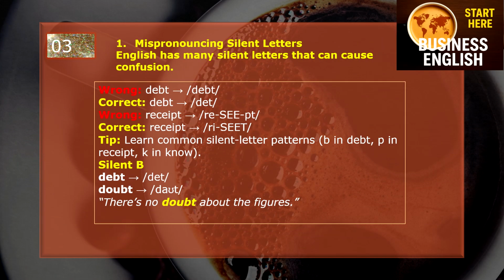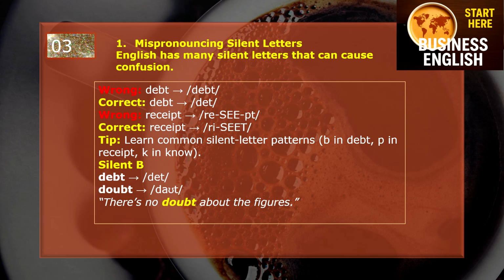Okay, guys, we will start with the first type of mistake, which is mispronouncing silent letters. English has many silent letters that can cause confusion. For example, there is one word that many people say incorrectly because they pronounce the b in debt. And it means that someone has to pay money to somebody in the context of companies.